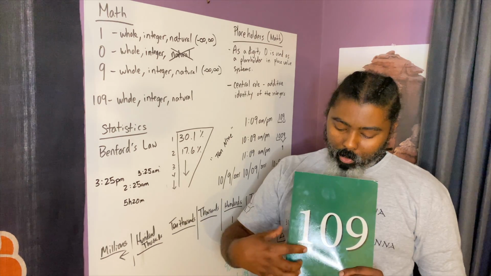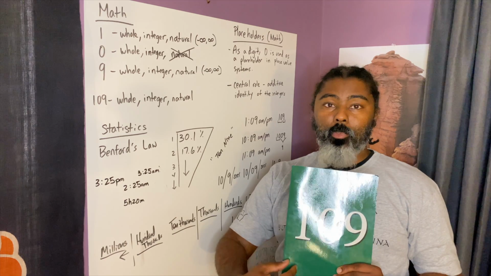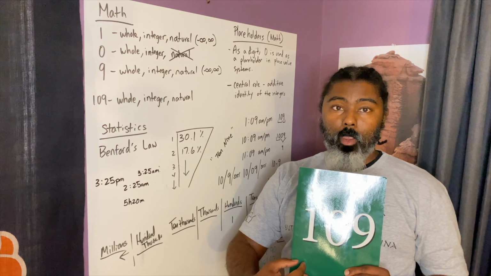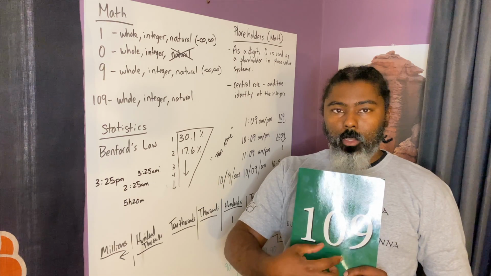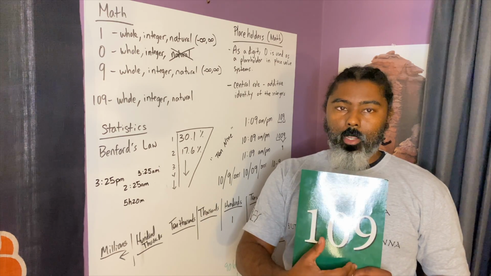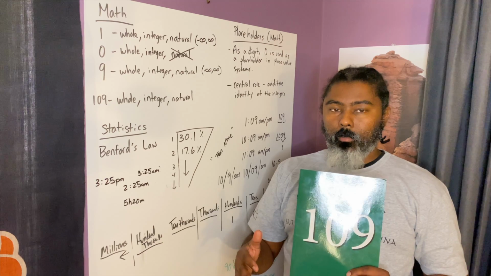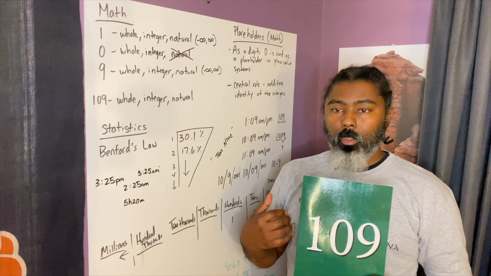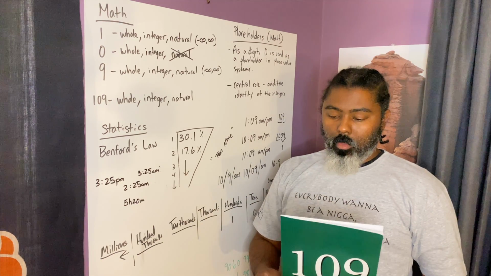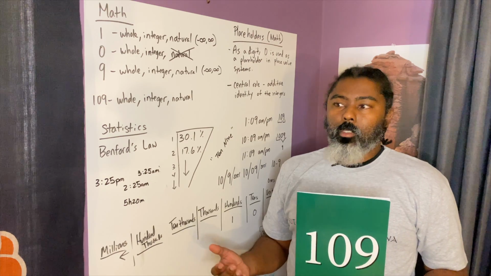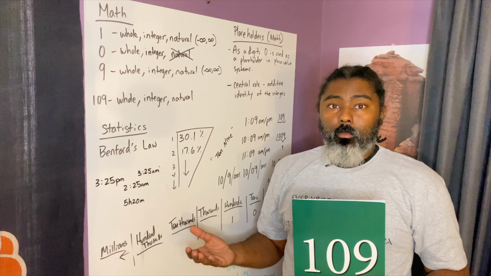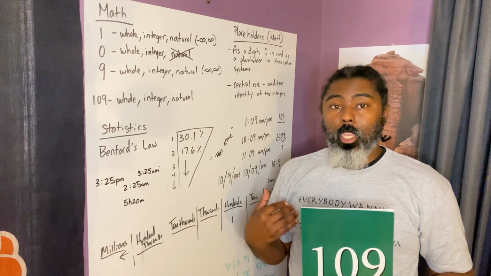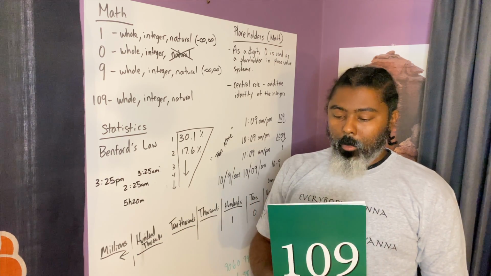But what they're doing is they're looking at the number 1 as representing the first month of the year, January, and then 09 representing the day. So January 9th. So that's slightly different from what I'm doing, okay? And why do I do that? I do that because October 9th is my birthday. And that's the date that resonates with me, all right?